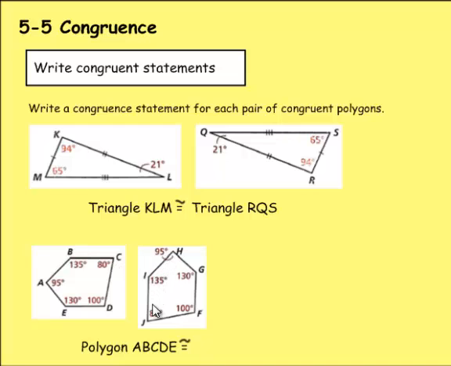So we're going this way, to 100, and then to 130. So that's the order we're going to go. So 95, 135, 80, 100, 130: H, I, J, F, G. So that's congruent to polygon HIJFG. And then that would be a true congruent statement.